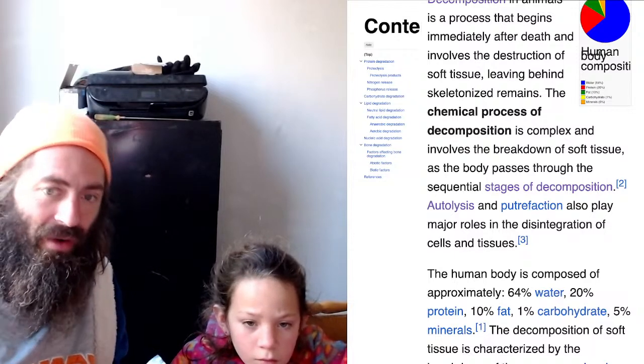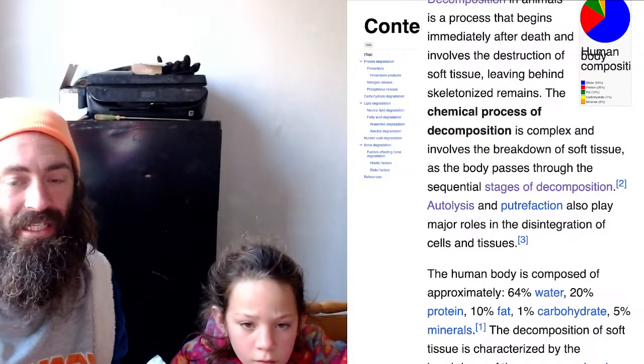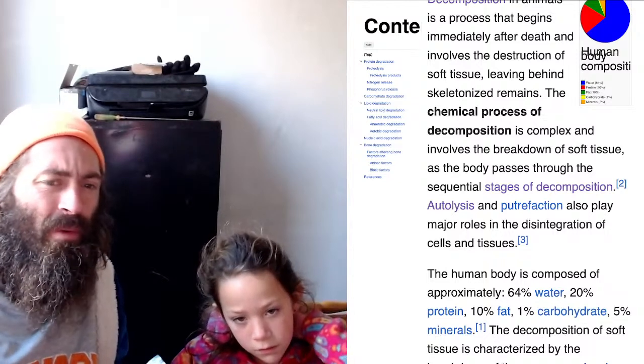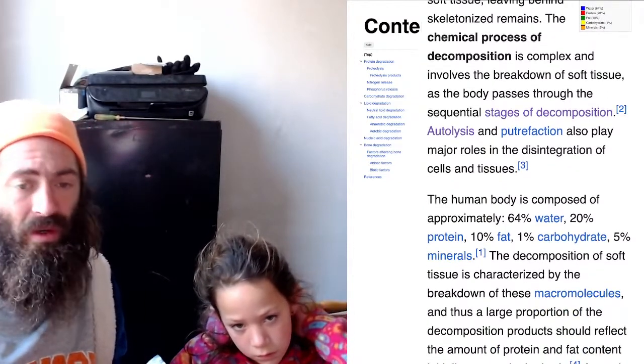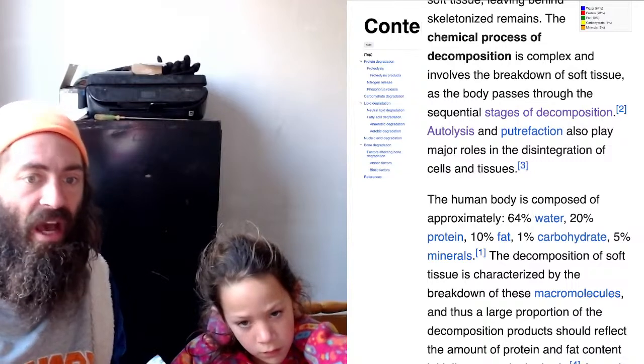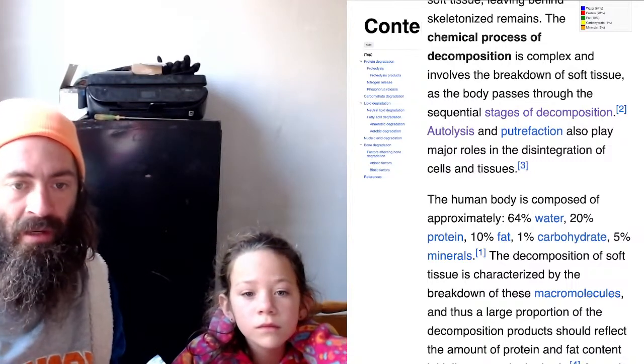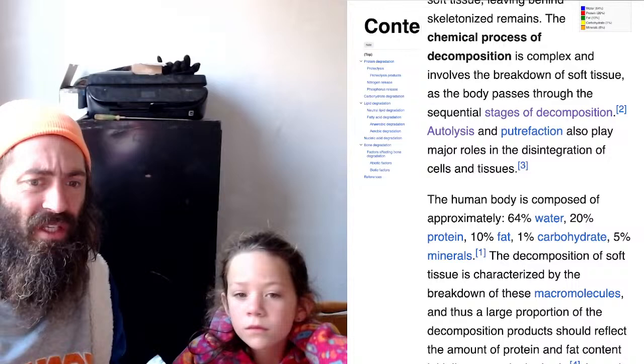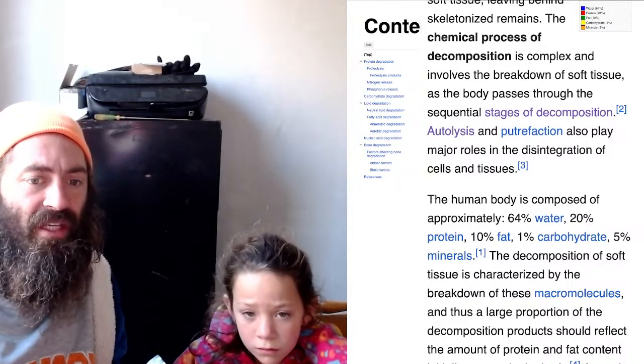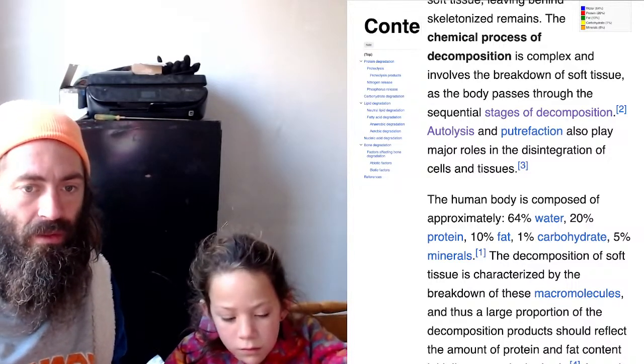Disintegration, the breaking down. The human body is composed of approximately 64% water, 20% protein, 10% fat, 1% carbohydrate, 5% minerals. The decomposition of soft tissue is characterized by the breakdown of these macromolecules.